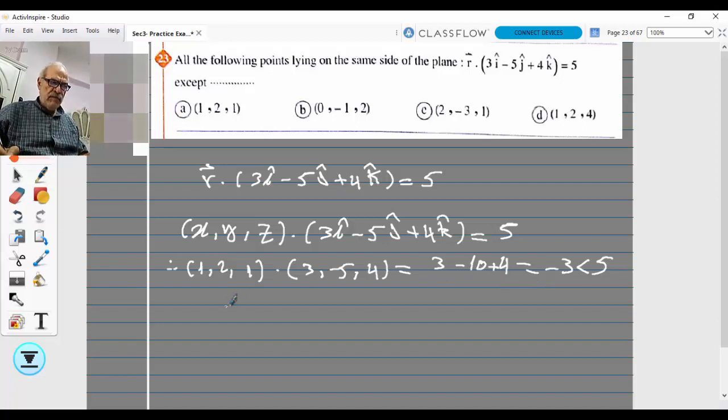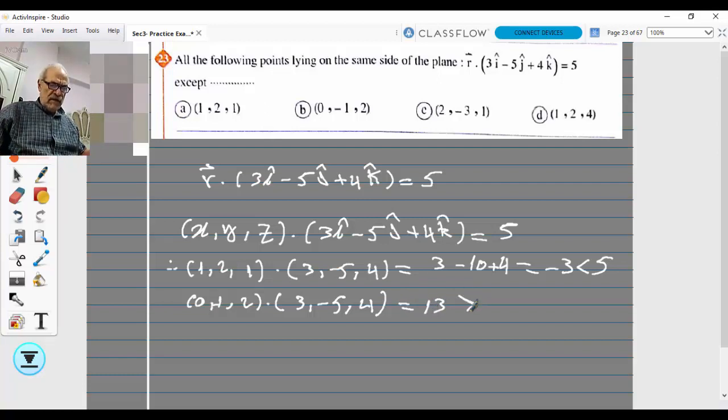And the same, we will repeat this step with the rest of the 3 points. So we have (0, 1, 0, negative 1, and 2) dot (3, negative 5, 4), and here the result equals 13.